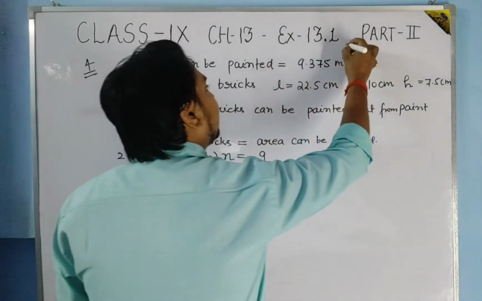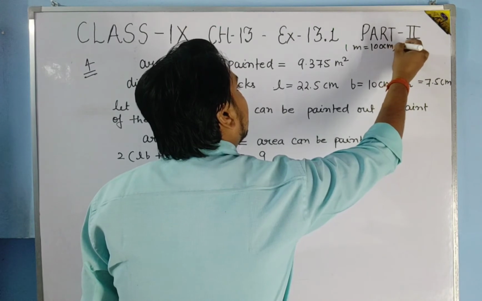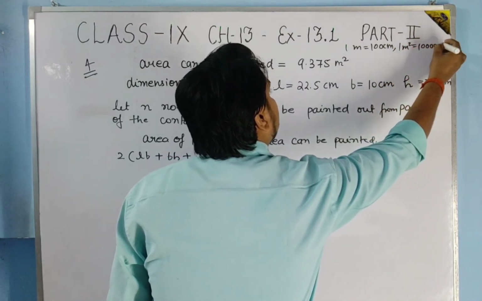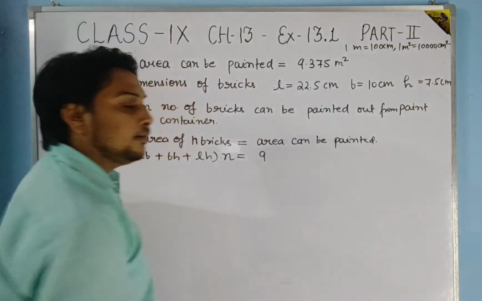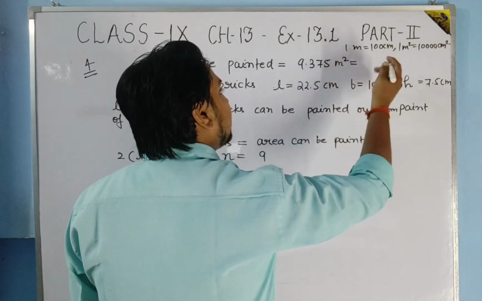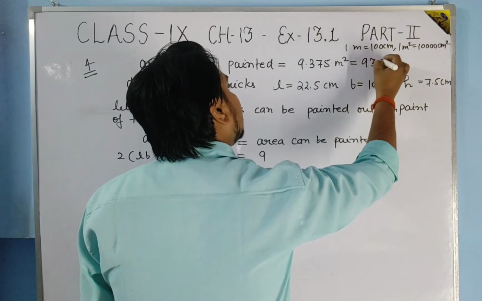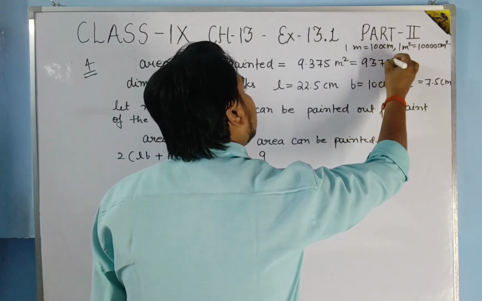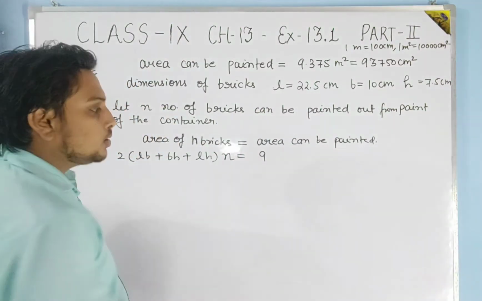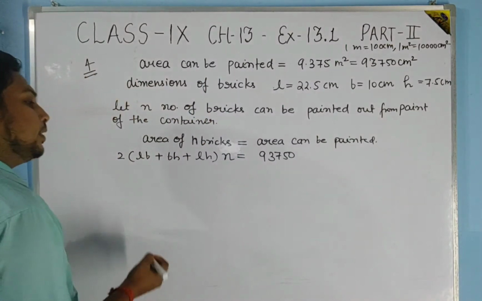One more thing, if 1 meter is equal to 100 centimeter, then 1 meter square will be 100 into 100, that is 10,000 centimeter square. If we change this meter square into centimeter square, we have to multiply it by 10,000, then it will be 93750 centimeter square. So here also we will write 93750 centimeter square.